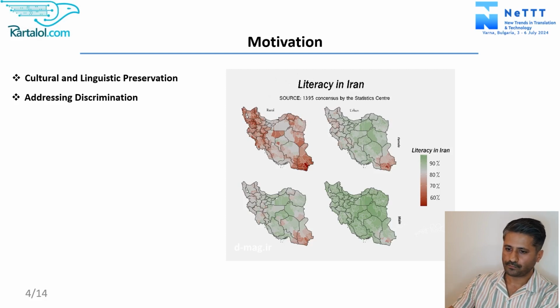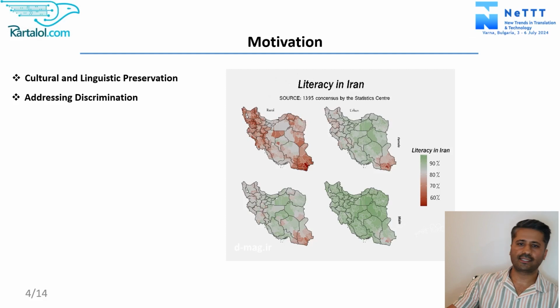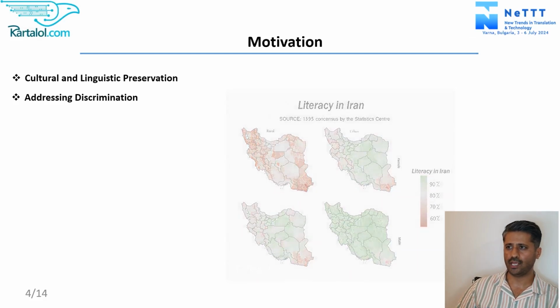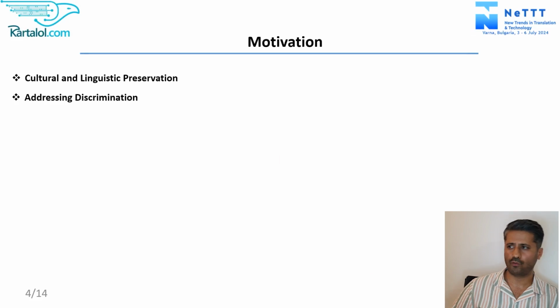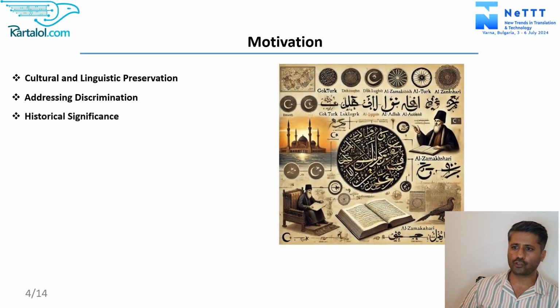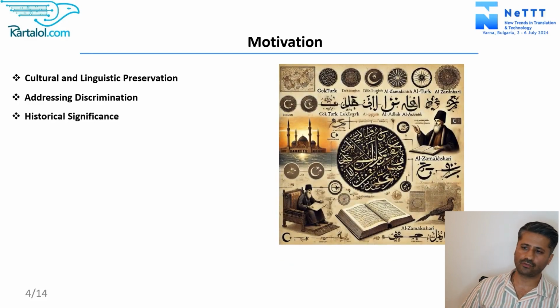So, historical significance. Turkish language is one of the three major languages of the Islamic world. The Turkish language has a rich history with various alphabets used over centuries. Efforts to adopt the Arabic alphabet for Turkish texts have a deep historical context and continue to this day.